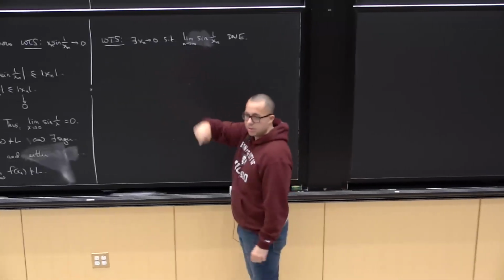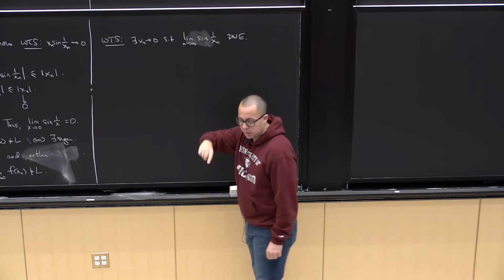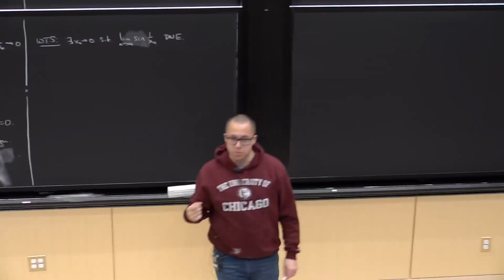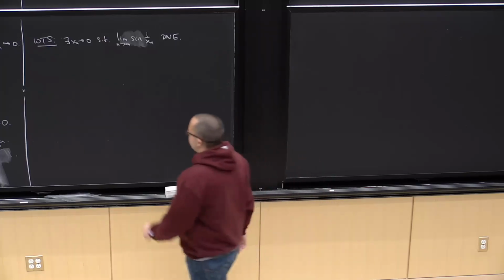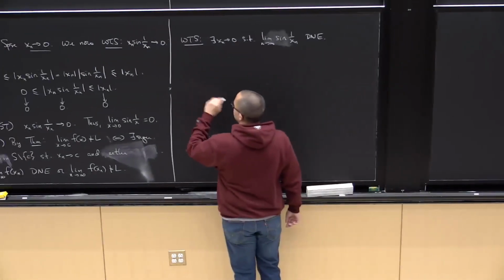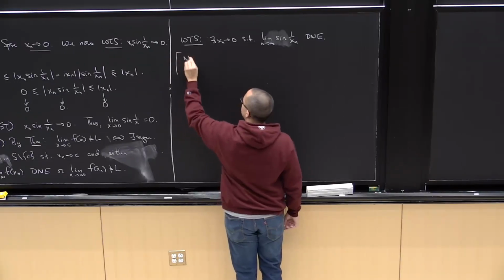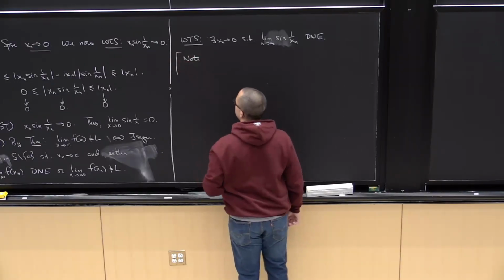Now, sine oscillates between 1 and minus 1 depending on if I'm at a certain multiple of pi over 2, right? So here's the intuition behind the sequence I'm about to give you.